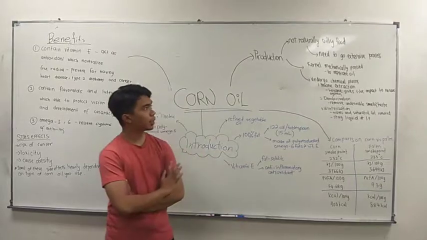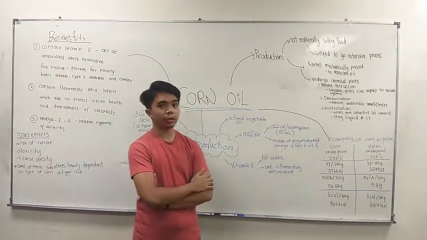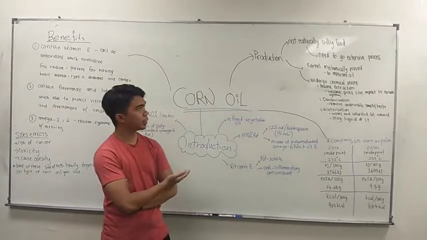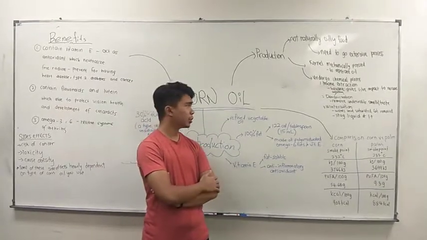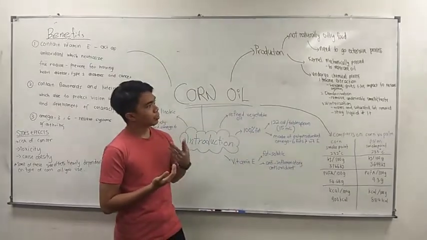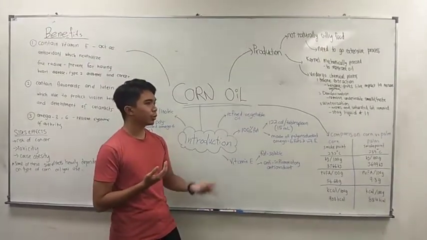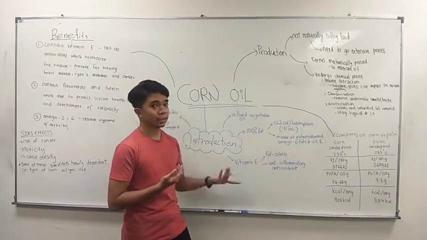The first step to produce the oil is that the kernel will be mechanically pressed so that the oil will be separated from the kernel, and then it will undergo several chemical processes to remove the impurities and the unwanted smell and taste.